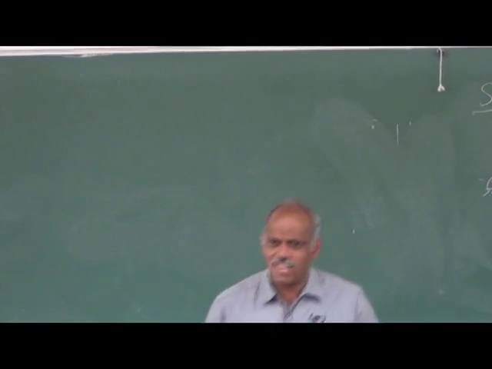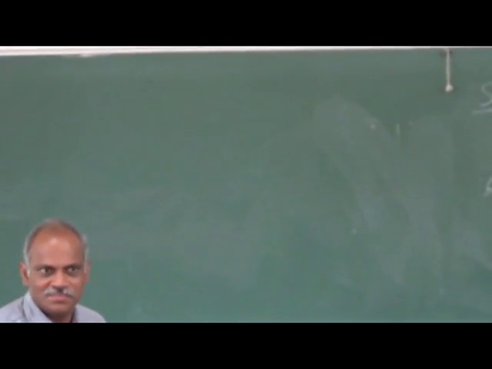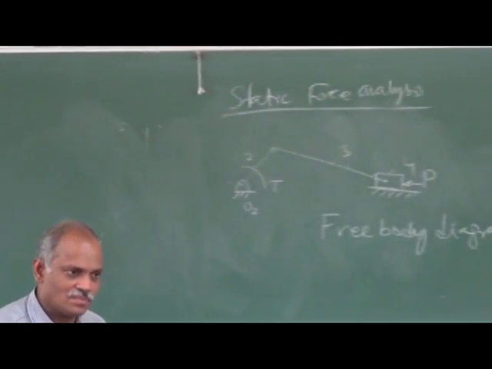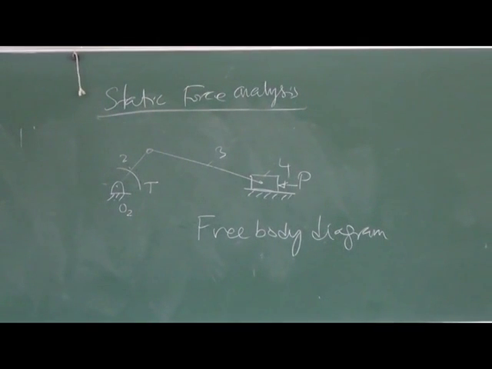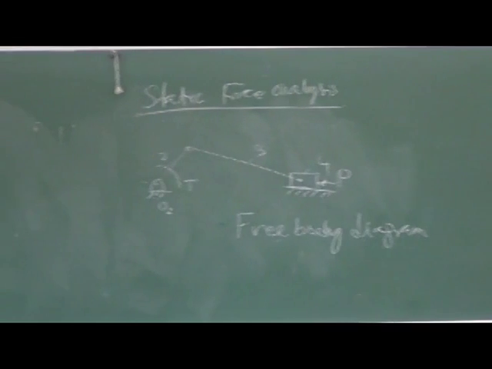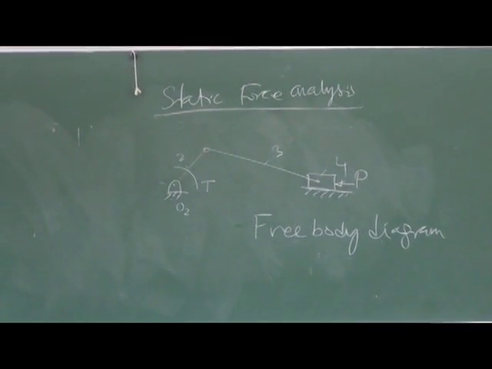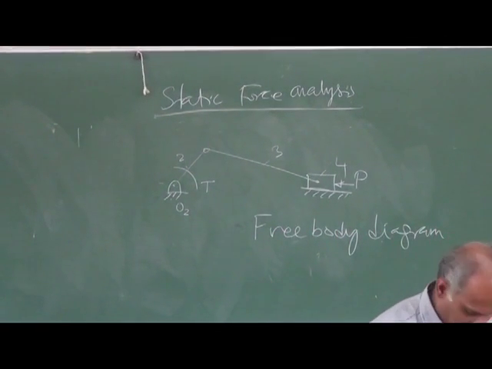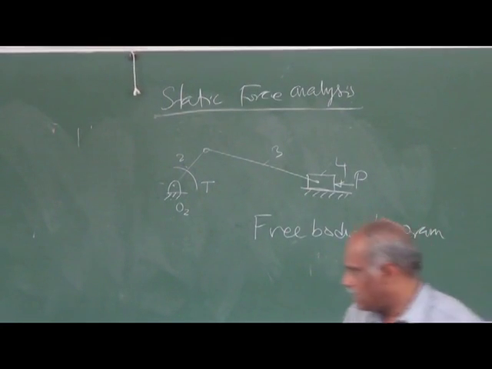You can consider this as a planar structure and draw it. Consider that 4 legs are shrunken into 2 legs so that you can represent it in a plane. At least you can draw the free body diagram of the chair.